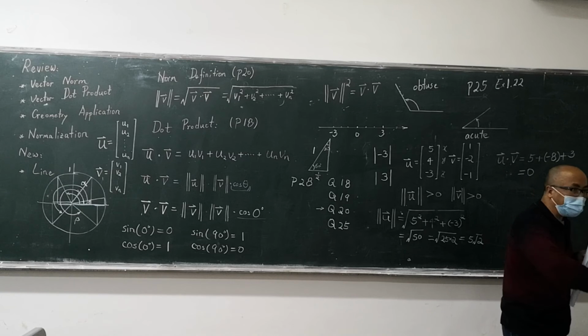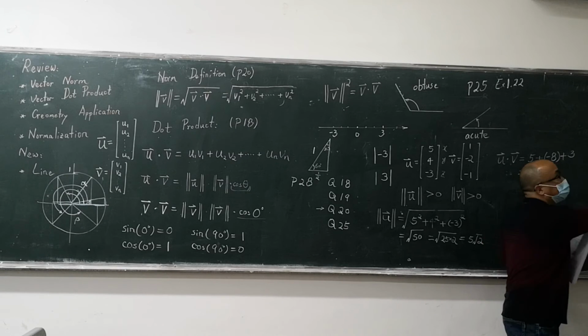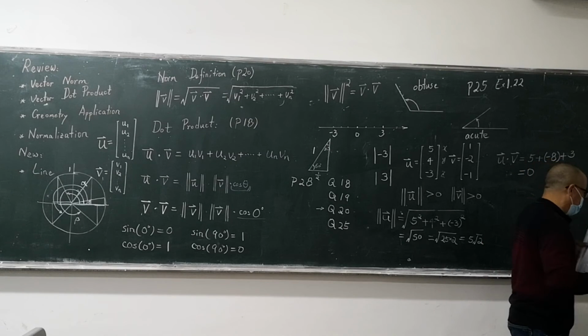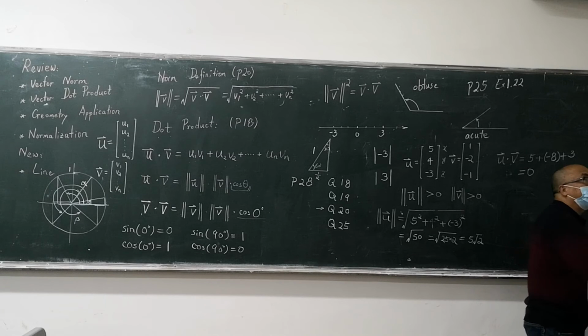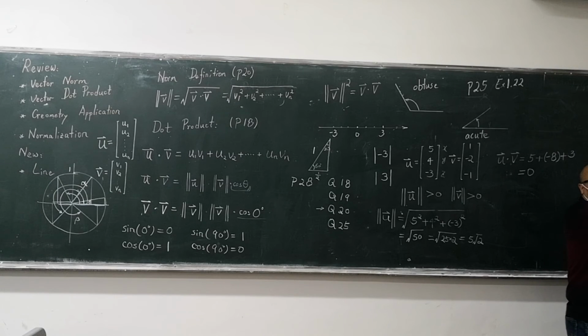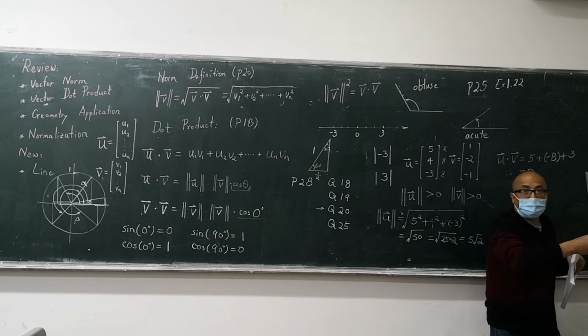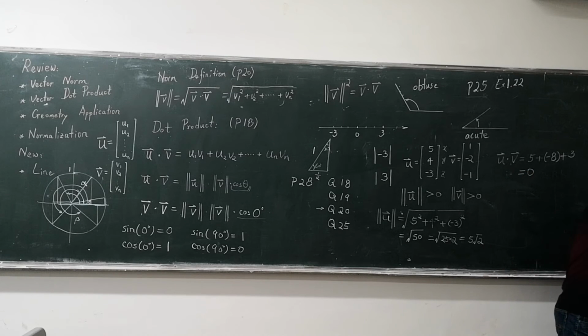This is y. This is z. The vector from here over there, can you give me its value? It's not moving at all. It's flat over there. So the first number is 0.